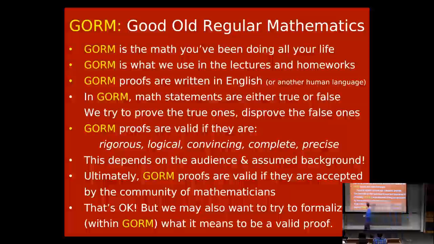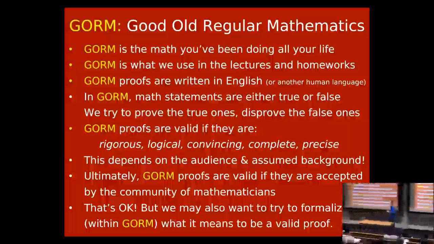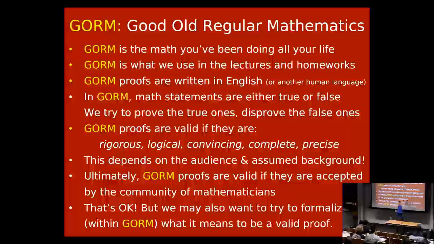But back in this lecture, I also told you some stories about people that thought they'd prove some things, and it turned out to be incorrect, and how it made mathematicians in the olden days a little bit nervous. And so they decided, well, this GORM is all well and good, but we'd also like to invent a mechanical logic for talking about proof so that we could really be sure whether or not we've proved something in a very careful and formal way.